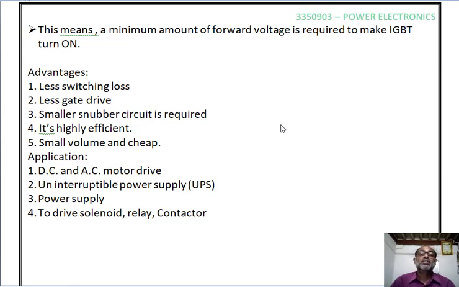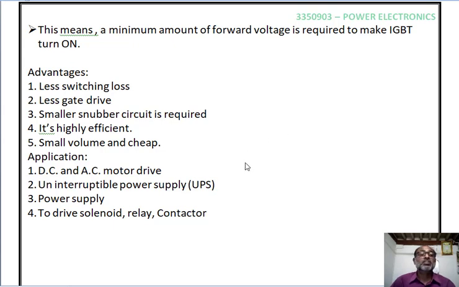Third, the snubber circuit, which is used for the protection of IGBT and consists of a number of various electronic components, requires only small component values. Fourth, it is highly efficient. Fifth, its volume is small and its cost is very low.